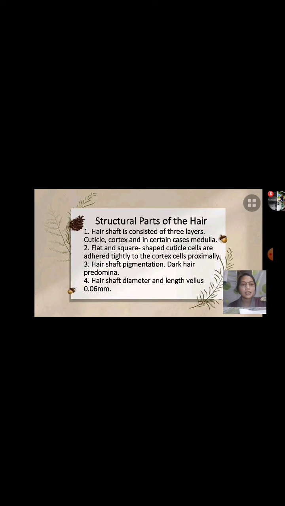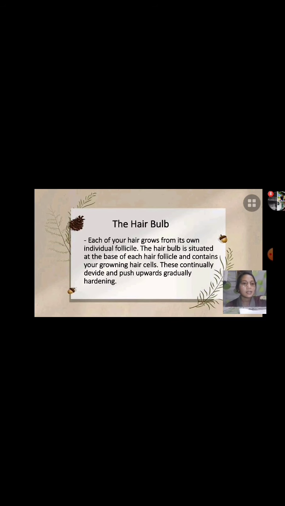Number 3, hair shaft pigmentation: dark hair predominant. Hair shaft diameter and length: vellus of 0.6 meter.